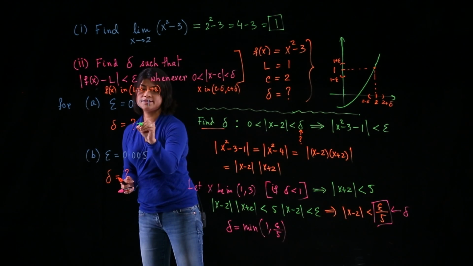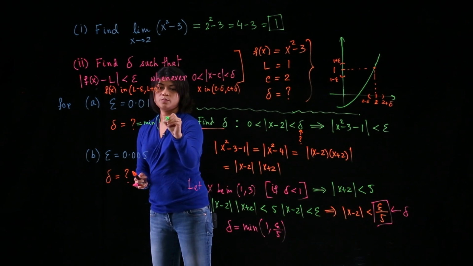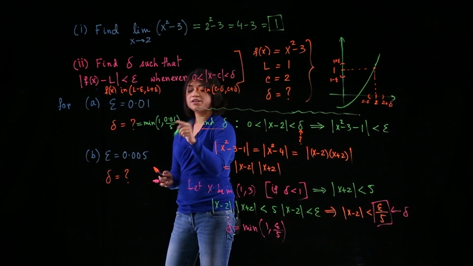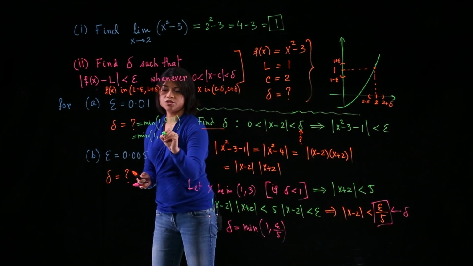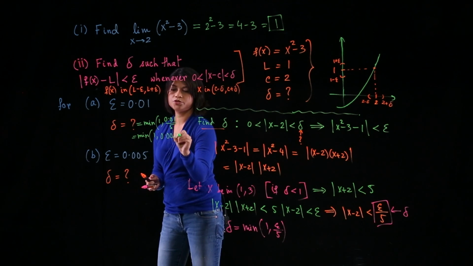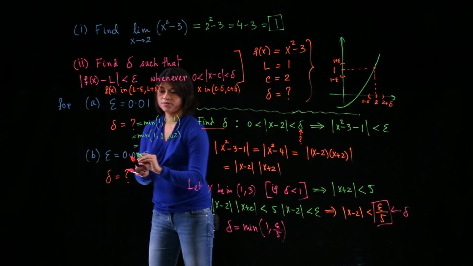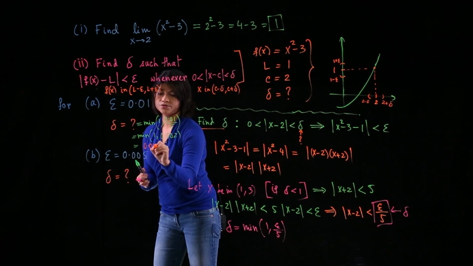So delta is the minimum of 1 and 0.01 divided by 5. Well, 0.01 divided by 5 is just 0.002. So the minimum of these two values is, of course, this one. So in the first case, delta is 0.002.